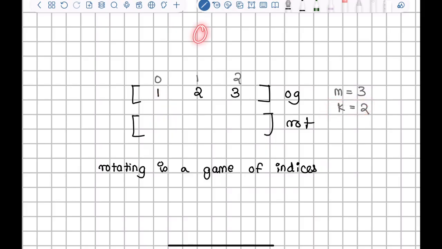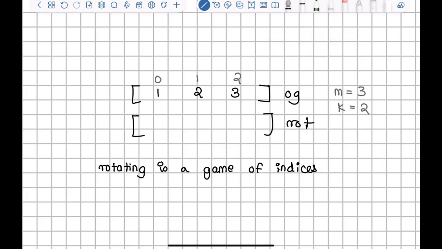So 0 plus 2, I rotated it k times. So I am moving my index and then I am modding it by m. So 2 mod 3 gives me 2.